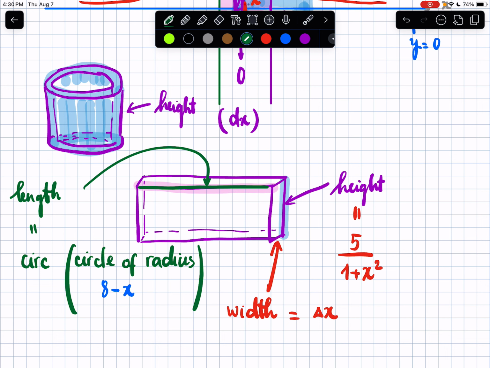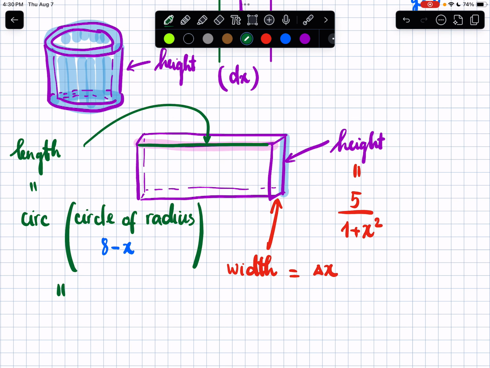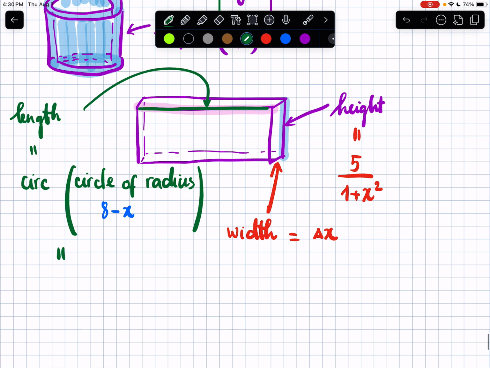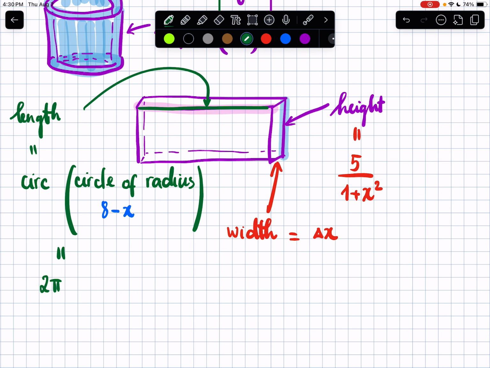So the circumference is 2 pi times the radius, which is 2 pi (8 minus x).